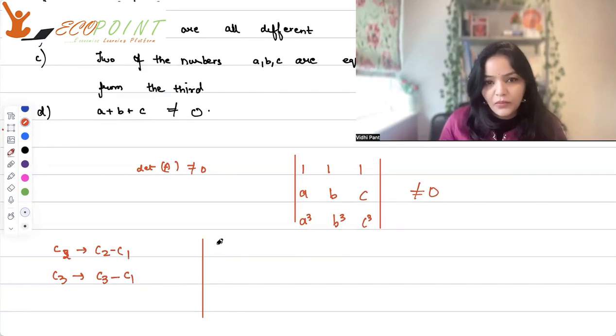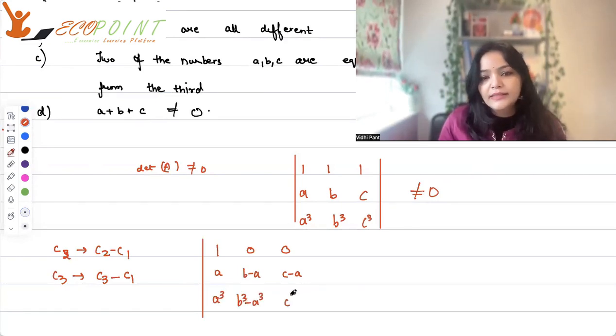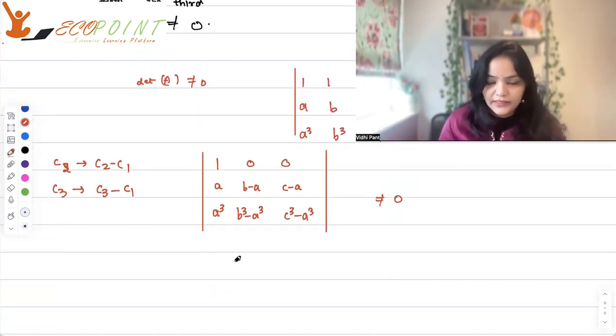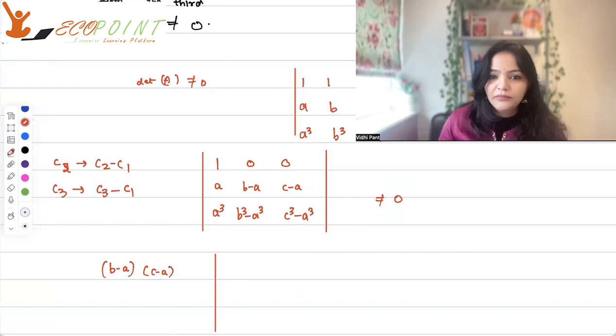So that will give me 1, 0, 0. And here I'm going to get a, b minus a, c minus a. Here a cube, b cube minus a cube, c cube minus a cube. So the determinant of this should not be equal to 0. Okay, condition तो वही रहेगी. So determinant क्या हो जाएगा? Clearly I can take out b minus a common and c minus a common from the second and third column.